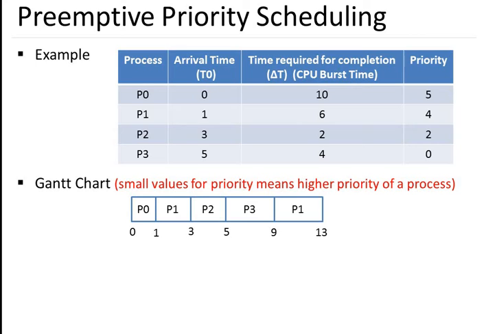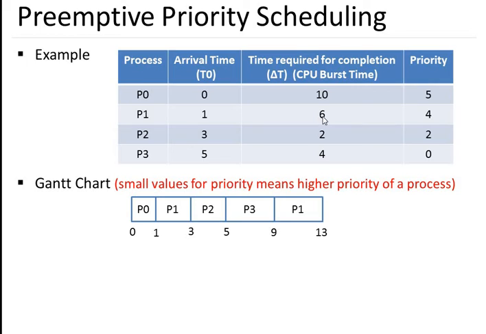So P1 will be executed, and now you just need to take care here of how many units are executed. P1 executed 2 units, 1 to 2, 2 to 3. So 2 units have been executed of P1, and how much did it require in total?